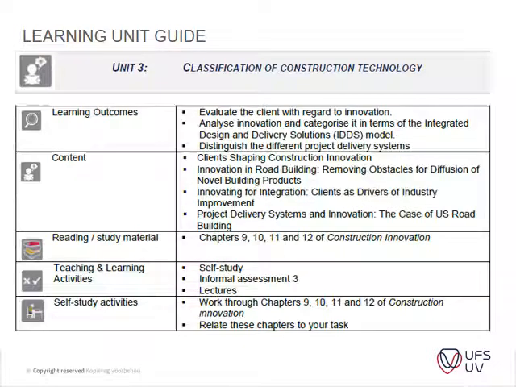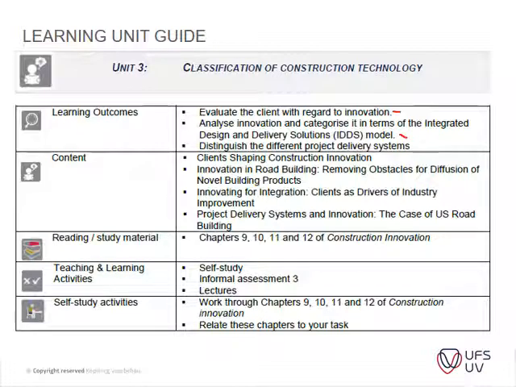And then in Unit 3, we're going to evaluate the client with regard to innovation. This is where it becomes very practical and where you can actually analyze your client and see what type of client you're working with. Analyze innovation and categorize it in terms of integrated design delivery solutions.